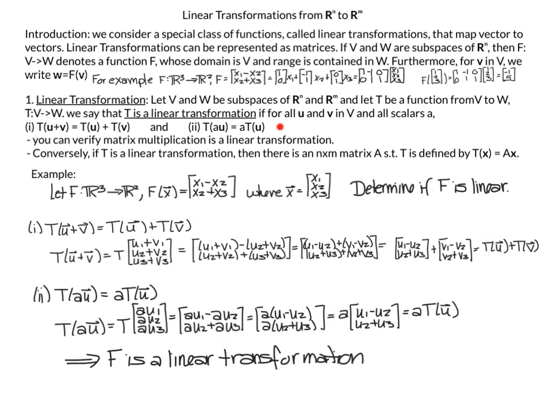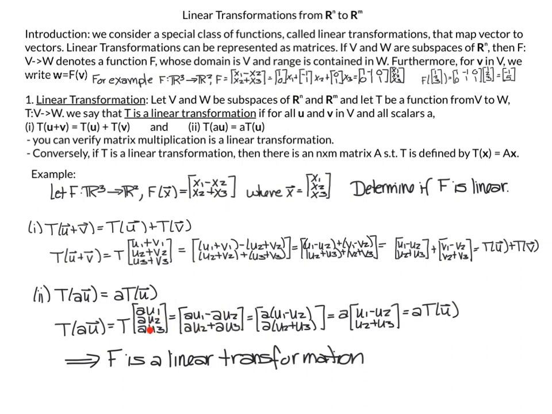Similarly, if I want to prove my second condition for linear transformation, that is T of Au, where A is a scalar, is equal to A times T of u, I start off by looking at T of Au, which is just the scalar multiple A times each coordinate in u. And then I plug this new Au vector into T. So I have my first coordinate minus my second. So that's Au1 minus Au2. And then my second coordinate plus my third.